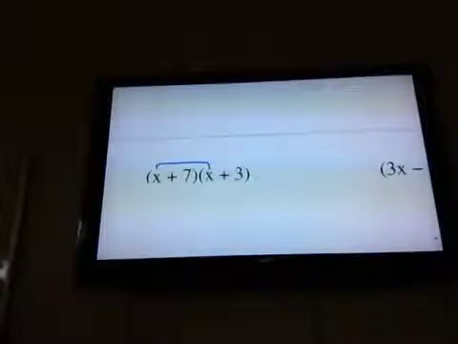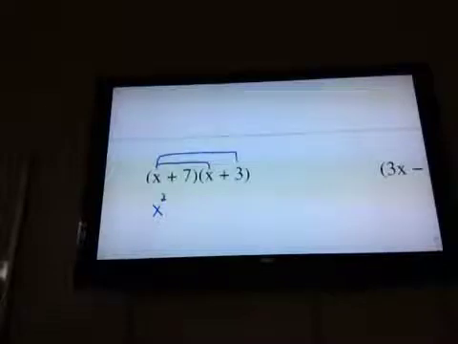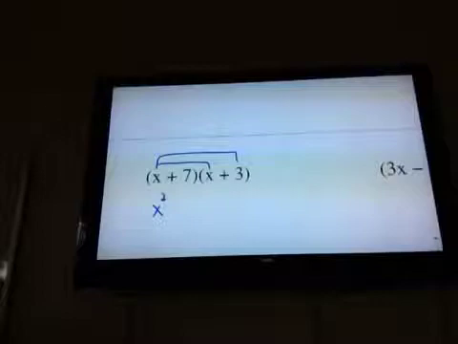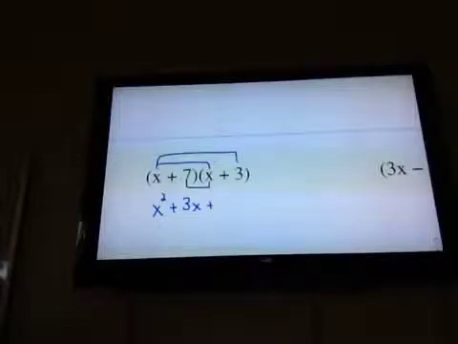So first times first, x times x, x to the second power, not 2x. We're multiplying here. Outer times outer, x times positive 3, positive 3x. Inner times inner, positive 7 times positive x, positive 7x.